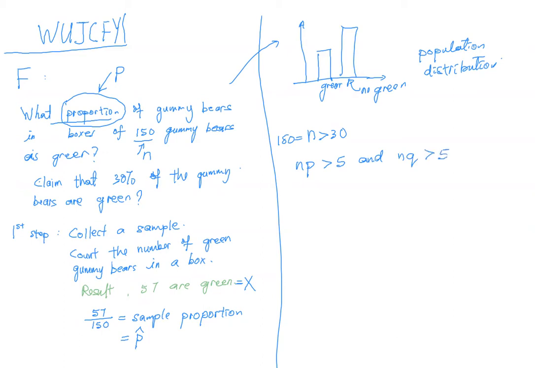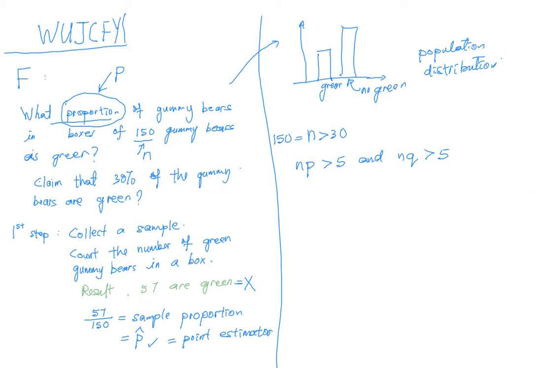So now let's check. We don't have the population proportion, correct? So we use this as our point estimator. Why is it 180? Sorry, it's 150. Sorry for my bad handwriting. So now we check.